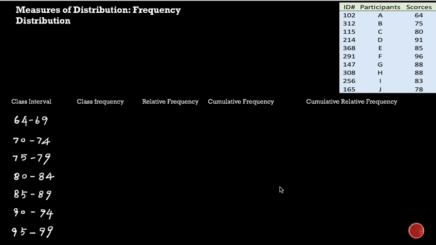Data, both for measuring central tendency or dispersion. We usually build a frequency distribution table to analyze a data set. How to build a frequency distribution table?